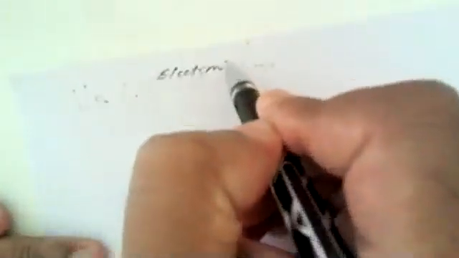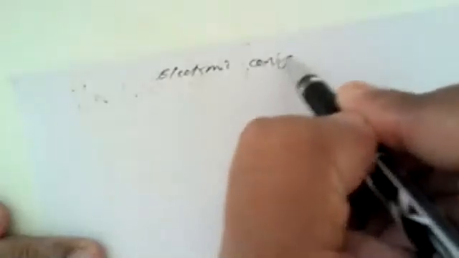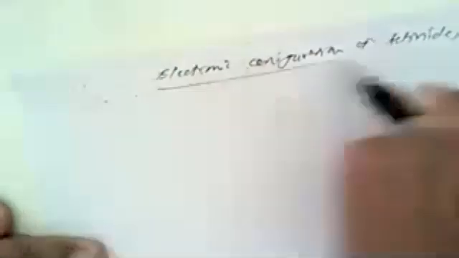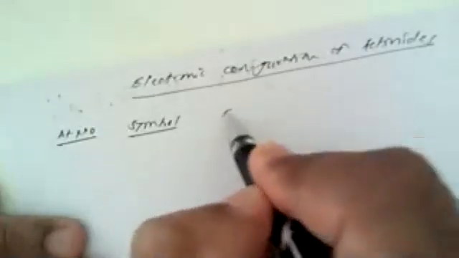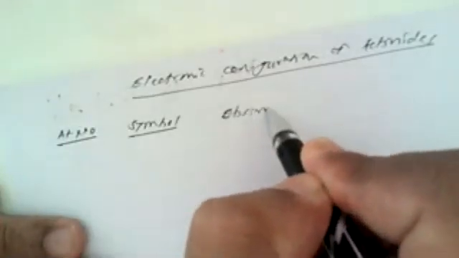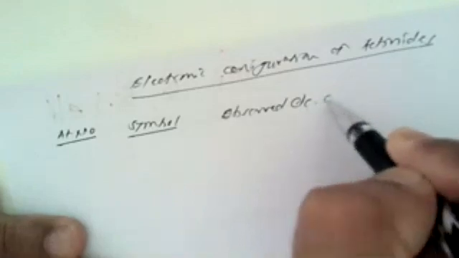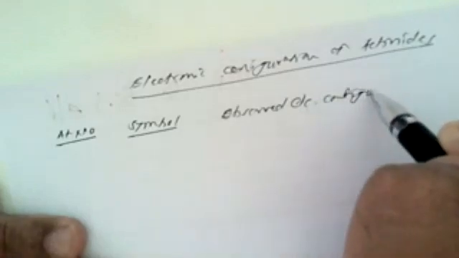So the first point is the electronic configuration of actinides, for which you have to prepare columns like this. The first column is the atomic number, which you write in your notebook, then the symbol of the element, and then the observed electronic configuration.